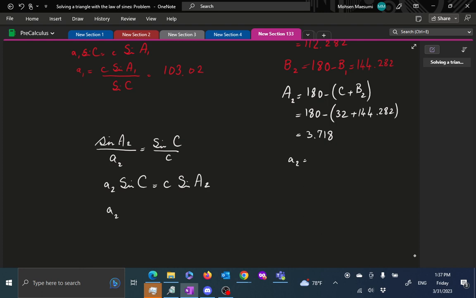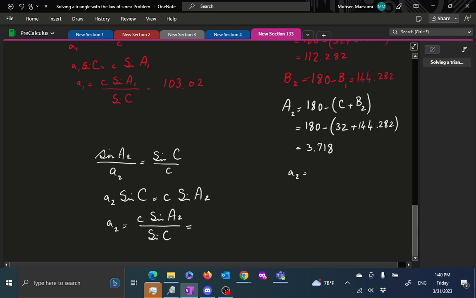So A2 is going to be, again, C sine of A2 over sine of C. Just like what we had before, instead of choice 1, we have choice 2, and we have to go ahead and calculate that one also. So this one I calculated to be 7.219.